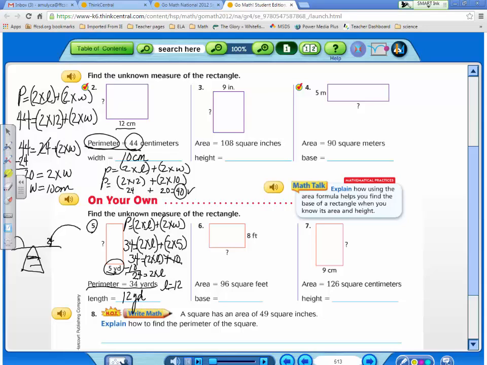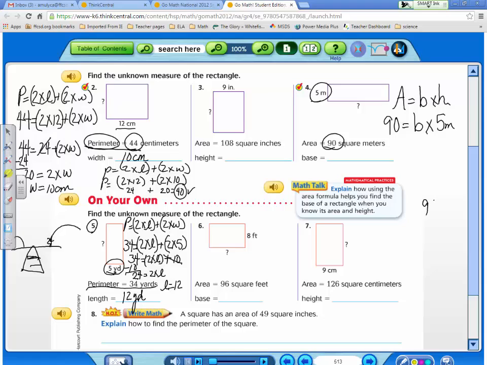Now area is a little bit more simple because with area, it is a simple multiplication problem. The formula is simpler. Area equals base times height. They tell us the area is 90, and that equals the base, which we don't know, times the height, which is 5. And I'm getting my 5 from here. So this is really simple to solve. I just have to see how many 5s are in 90.